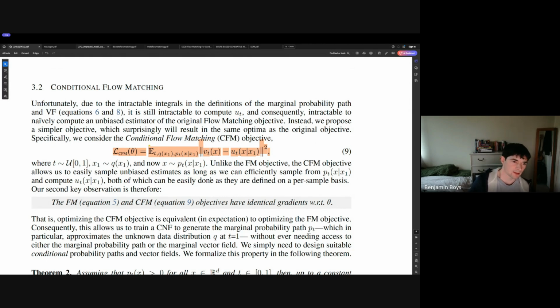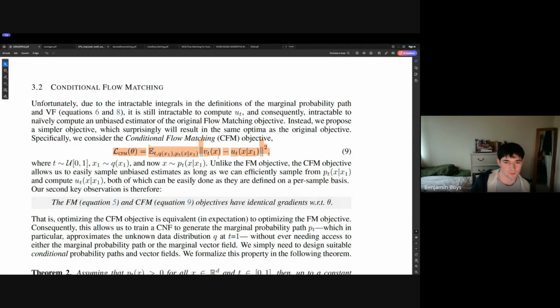Imagine you're taking a flight from London to Tokyo, and you're trying to estimate what direction the plane is going in, and that's what V is, and that's parameterized by theta, so this is the neural network.